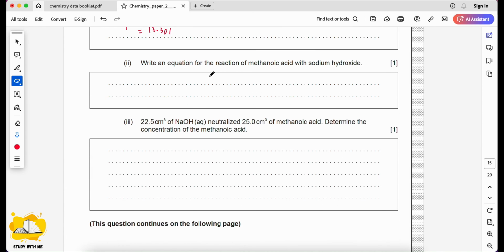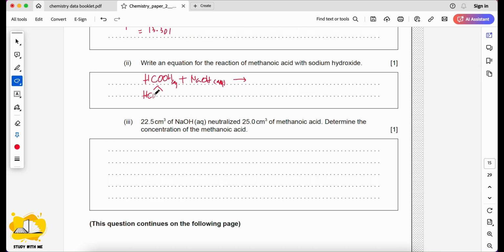Write an equation for the reaction of methanoic acid with sodium hydroxide. So HCOOH aqueous plus NaOH aqueous. Okay, if you struggle to write down the product, you can just make it into ions.